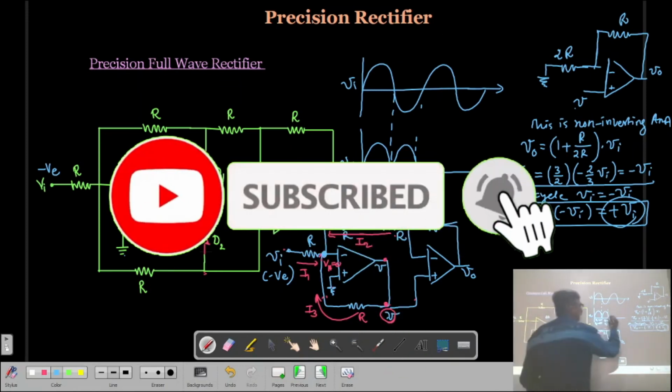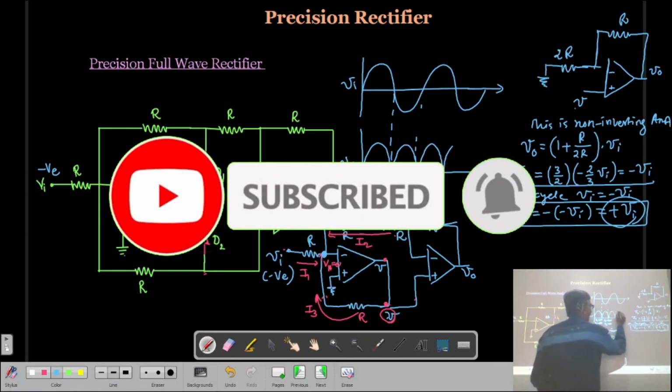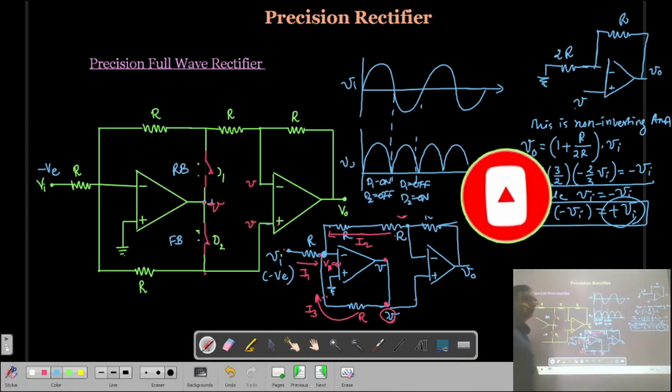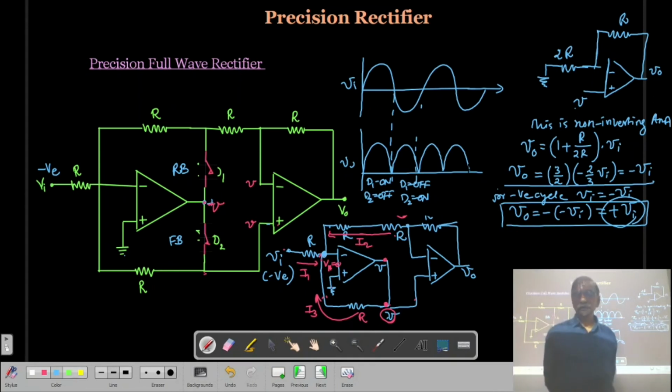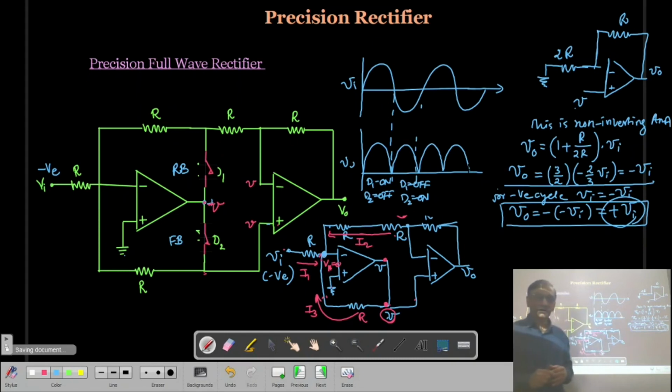So this thing is going to be repeated, and here you can see that the output of the circuit is like a full wave rectifier. So in this way, the precision rectifier will rectify even if my input signal is very small. If it is less than the cut-in voltage, then also you will get an output in the rectifier.